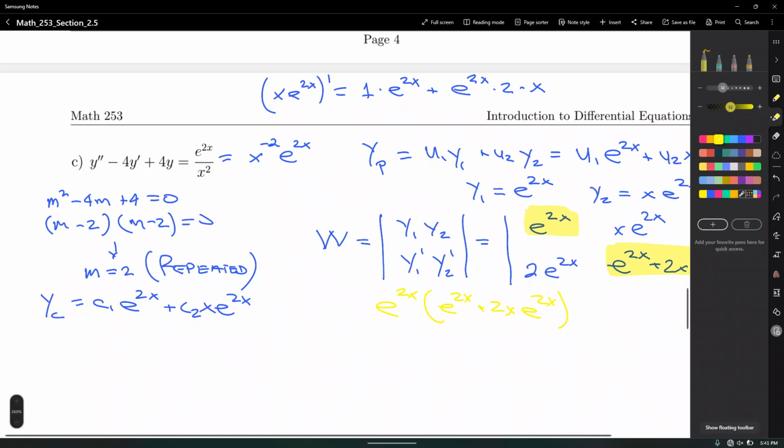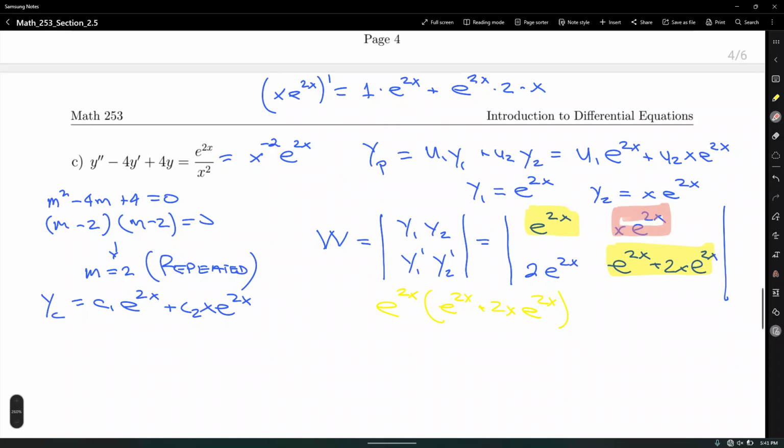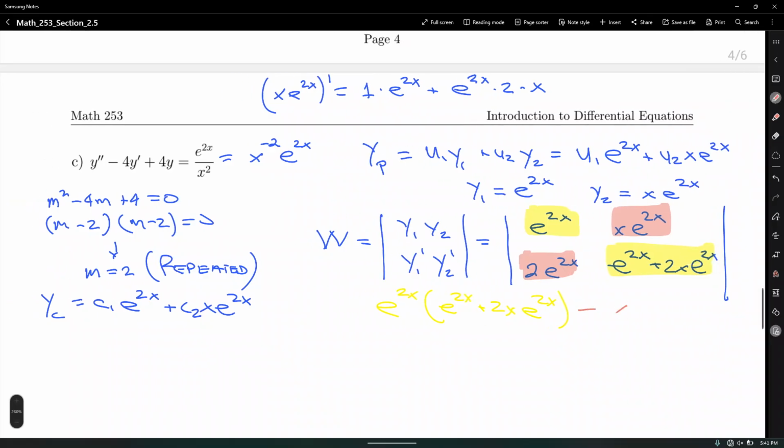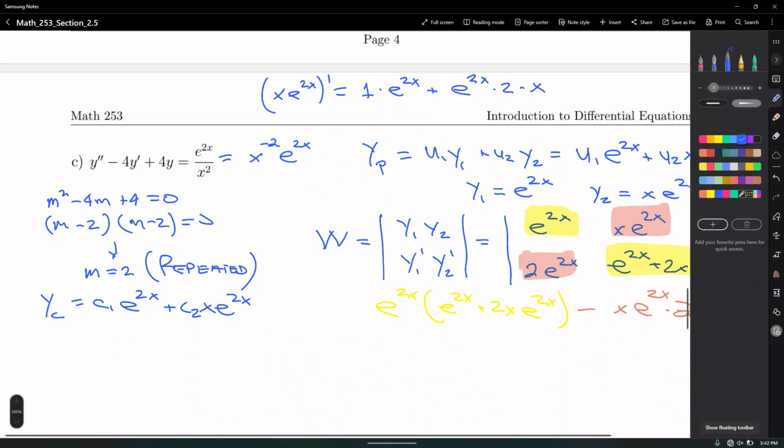And then we're going to multiply these other entries here, this entry times this other entry, however, by subtracting. So subtract x e to the 2x times 2 e to the 2x. All right, well, let's simplify this.